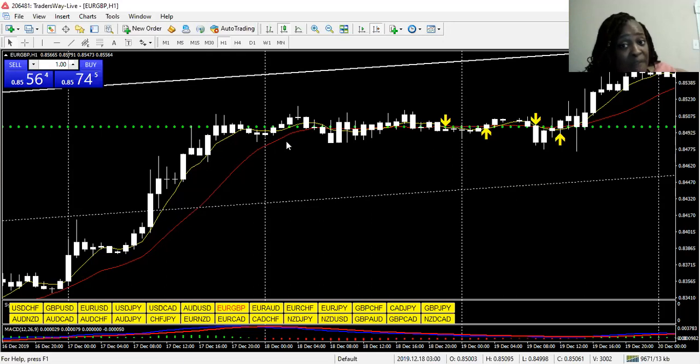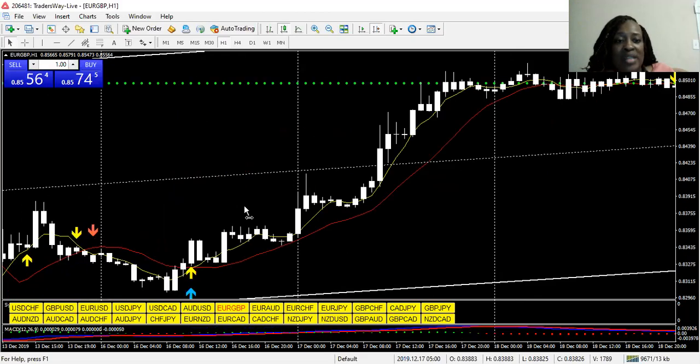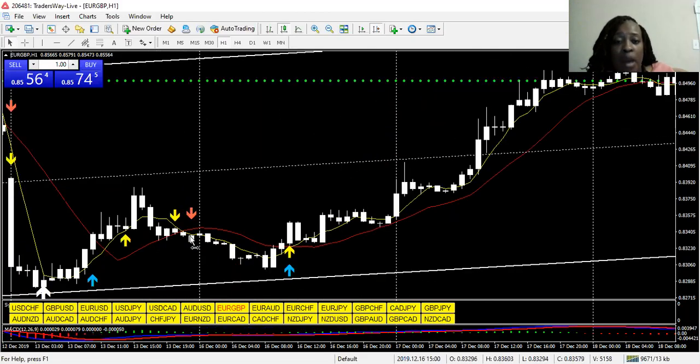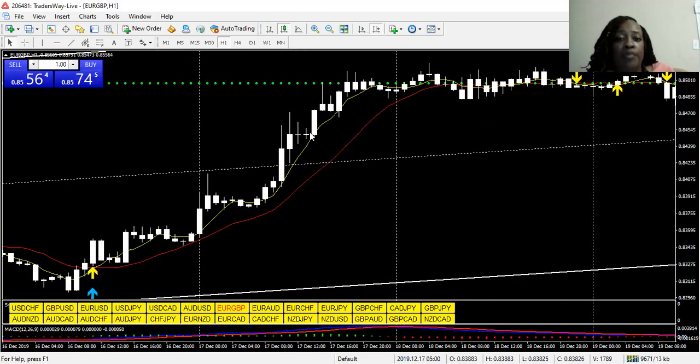What I'm showing you on position 2 is how you compound. And you can even do 2 sets. In my case, I'm going to do 15 pips. So I'm getting right here for 15 pips. Then when it pulls back again, I'll wait as it goes up some more.